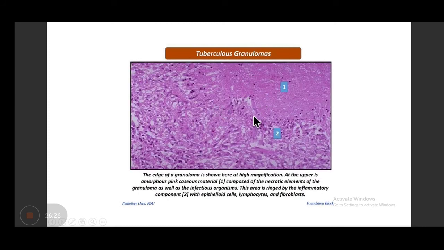So this is a high power view of your tubercular granuloma showing this central caseous necrosis, surrounded by inflammatory component. With your epithelioid cells, you can see these beautiful elongated cells. You have your lymphocytes and some fibroblasts. Basically, you have lymphocytes, fibroblasts, and epithelioid cells. You can see this caseous necrosis here.